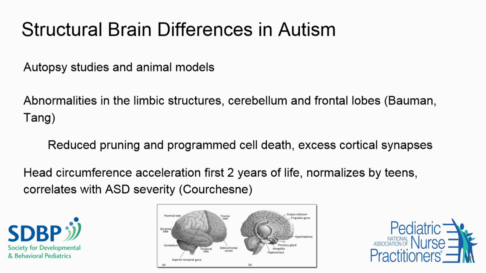We have data from a number of different types of research that look at early brain development that do document abnormalities in early brain development in children with autism. So we have earlier studies from autopsies looking at the brains of people with autism and not autism who had passed away, and also a number of animal model studies that show abnormalities in the limbic structures, the cerebellum, and the frontal lobes.